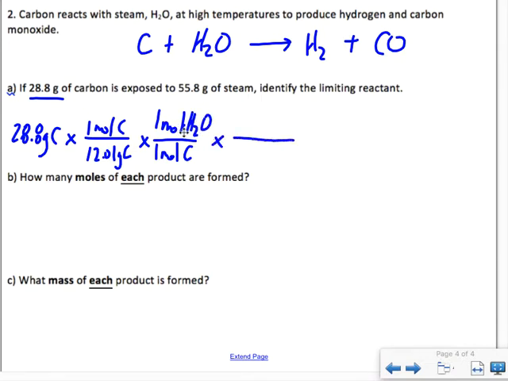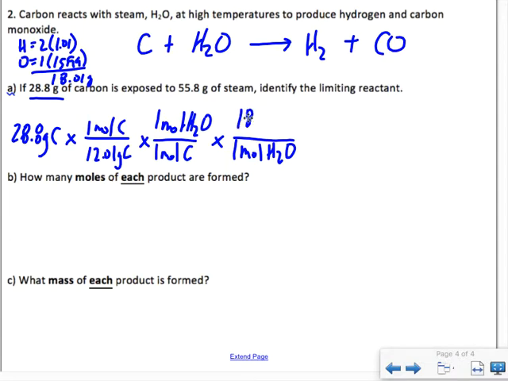Now for my final conversion, I have to go from moles of water to grams of water, so I multiply by the molar mass. Molar mass of water: hydrogen 2 at 1.01 and oxygen at 15.99, which gives me 18.01 grams per mole.